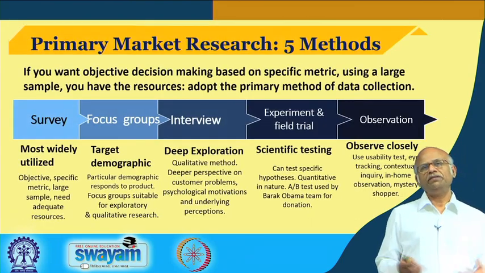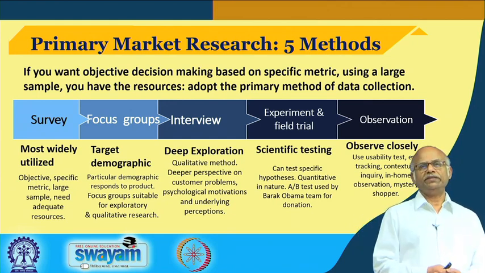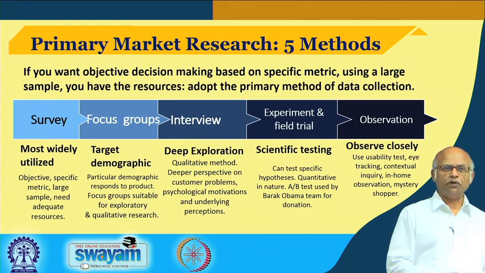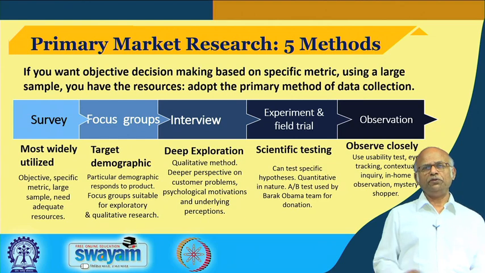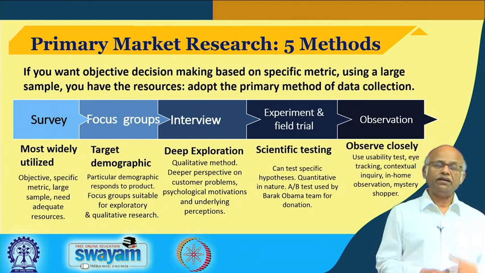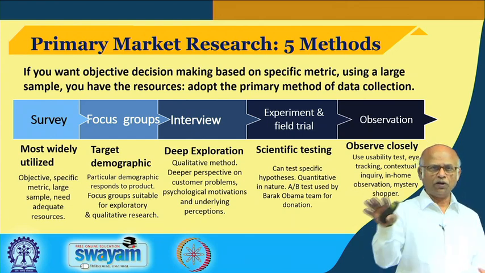So, for primary research itself, there are 5 different methods of doing this. It is very important. These are traditionally followed. First one is survey, second is focus group, third is interview, then experiment and field trial, and observation. Survey is the most widely used among all these 5.